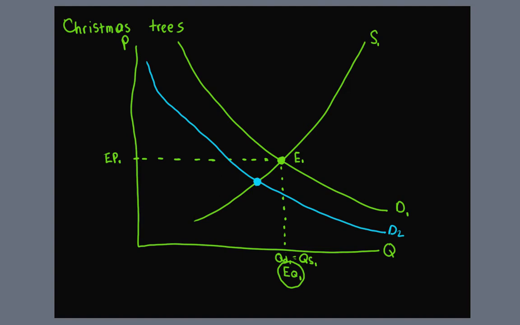If we come down to the horizontal axis, we will see that we have a new equilibrium quantity and a corresponding new equilibrium price. And this is exactly what this problem says, that after Christmas we have less demand for Christmas trees, so that there are less Christmas trees on the market, and at the same time we have a decrease in the price.